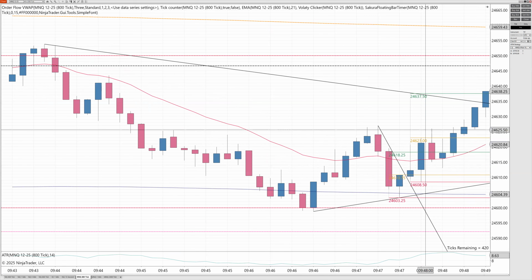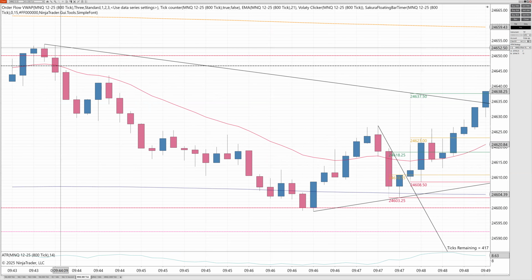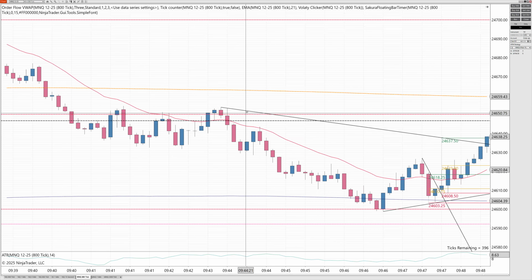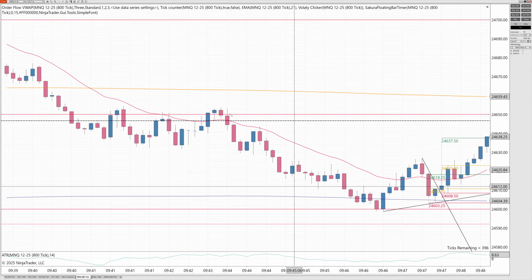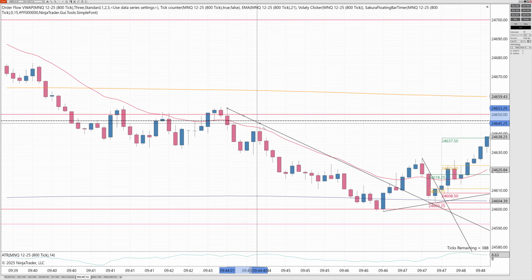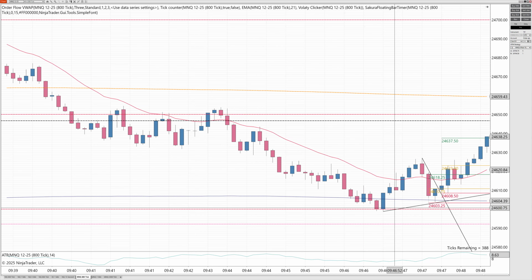Probably would have passed on this, knowing this other trend line here, but it did end up working. Might have actually deleted this line this morning. I don't remember. And it would have just kept this trend line here, which we broke. And we're creating higher highs and higher lows.